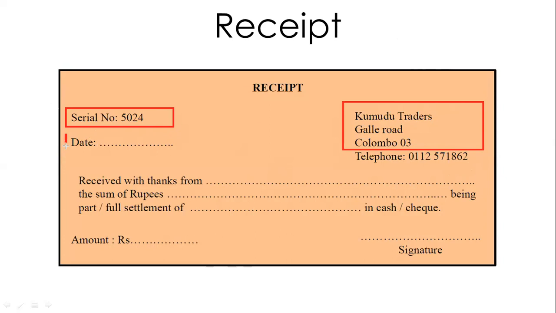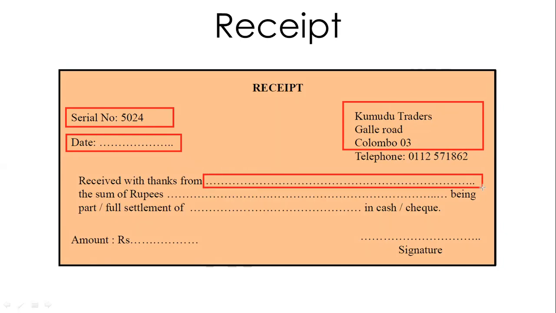And the next is very important, date. Because when you record the receipts in the cash book, you have to follow these dates. Dates. And here, you normally write the name of the customer, the person who has given money.